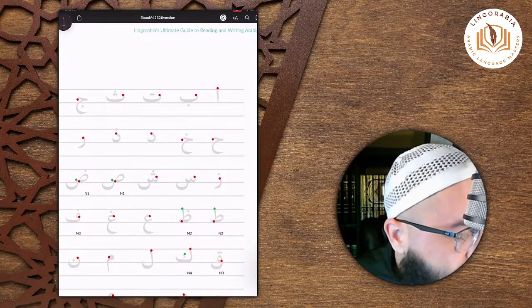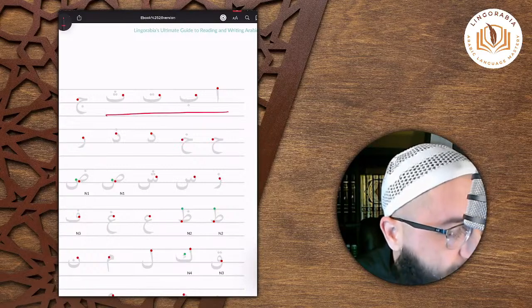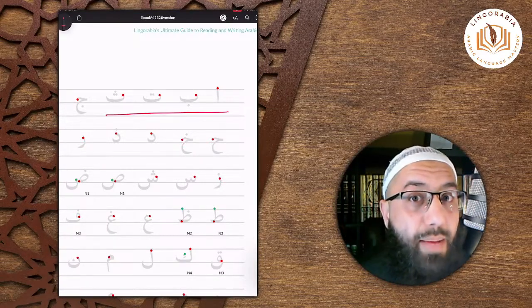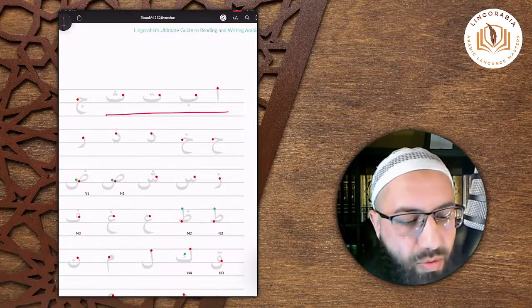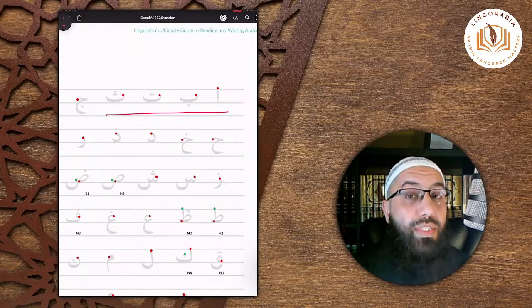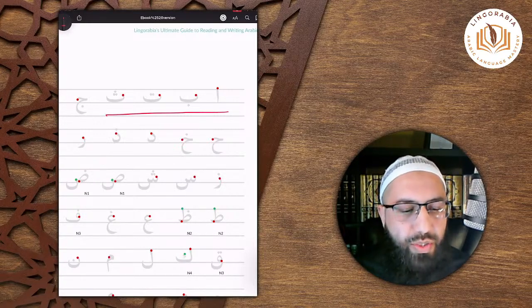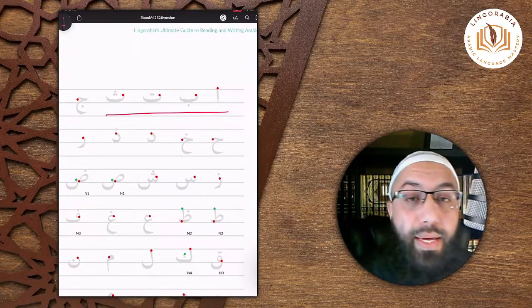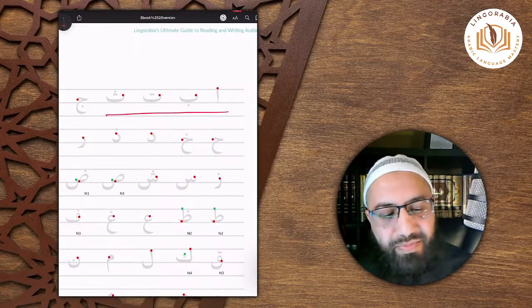So, brothers and sisters, yesterday we discussed these letters, but before I go to these letters, we talked about some fundamentals about the Arabic writing, some fundamental rules, and I want you to tell me these rules.